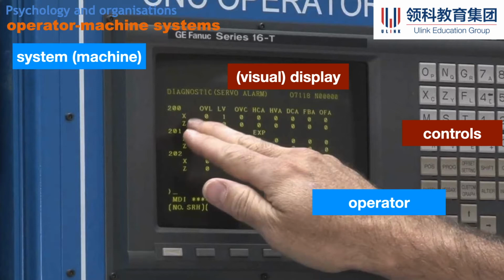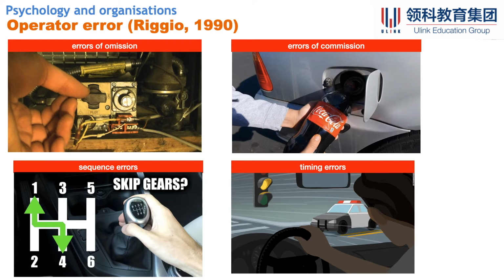The system, or the machine, comes out displaying information in two key ways. One is the actual visual display, and the other is the controls and how they are labeled. According to someone named Riggio, who's quite often referred to in the light blue textbook, there are several types of errors that occur in a machine operator system.